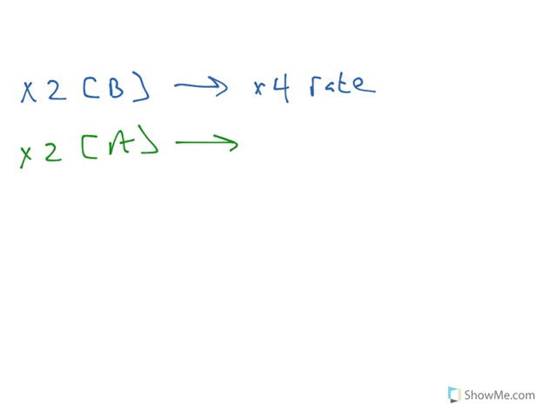All right, so let's go debrief here. So when we doubled the concentration of B, the rate went up by a factor of 4. A, we doubled A, and we went up by here. Okay?